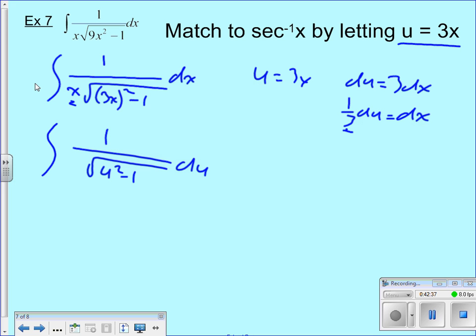So this x becomes 1/3 u. Trust me. And I don't have just du here. Ooh, dx has to be what? 1/3 du. That's where that 1/3 comes from.